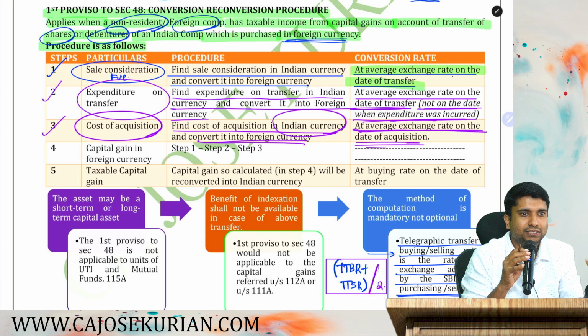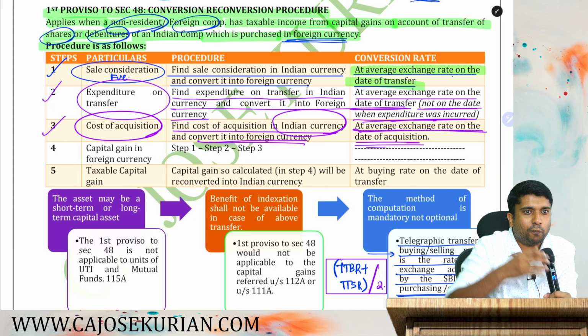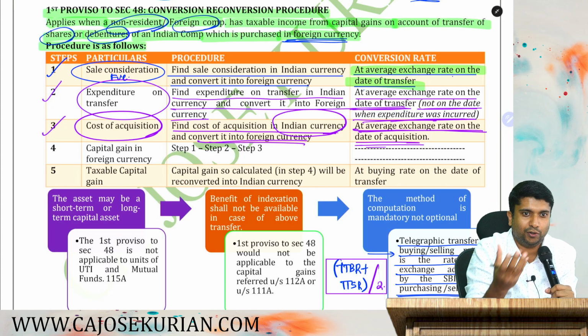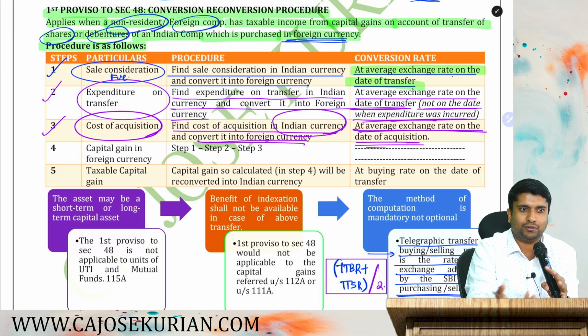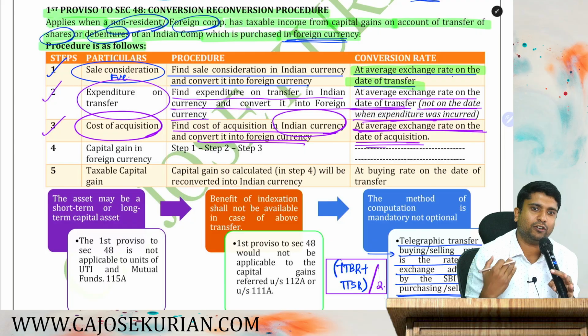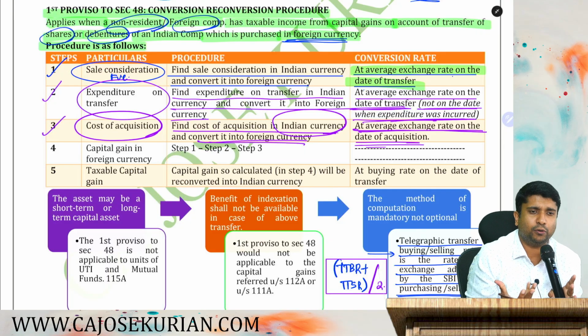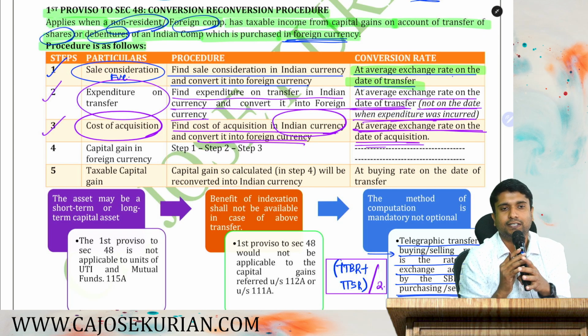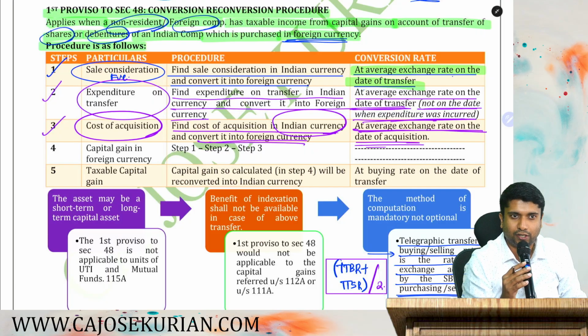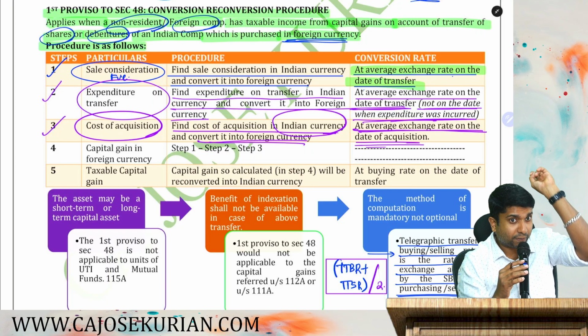For shares and debentures, will there be any cost of improvement? Will you paint a share or debenture? No. Will you construct any fencing for shares and debentures? No. So for shares and debentures, there won't be any cost of improvement, and hence we don't have to think about cost of improvement. Cost of acquisition, you need to convert into foreign currency based on the average exchange rate as on date of purchase.